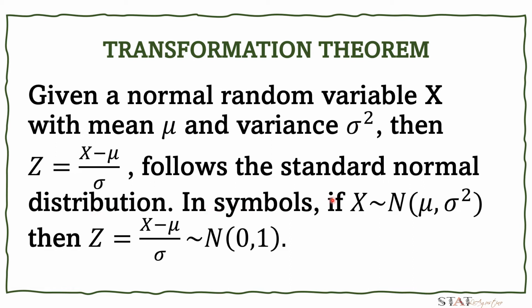In symbols, if x is normally distributed with mean mu, which in statistical books signifies the population mean, and variance sigma squared, then z equals x minus mu over the standard deviation, and approximately follows the standard normal distribution with mean 0 and a variance of 1.